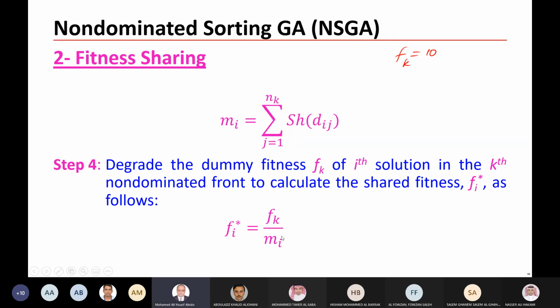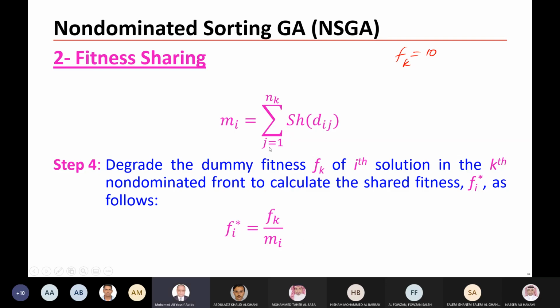But if M equals 2, then we divide FK over 2 for that solution. If it is 4, if it is 2, 3, 1, and so on, you can have now a modified dummy fitness that reflects the crowdedness.